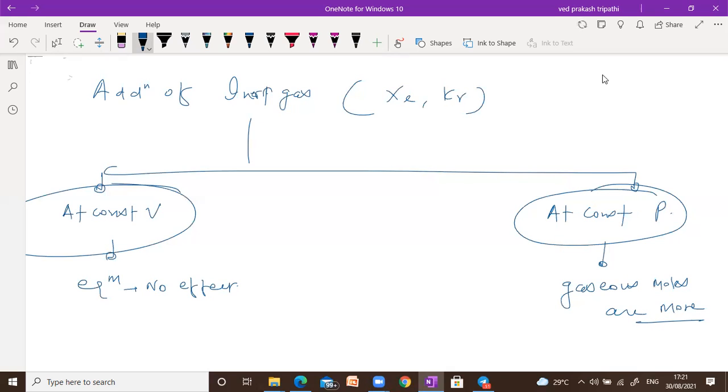And the last is the effect of catalyst. It will not affect the equilibrium.